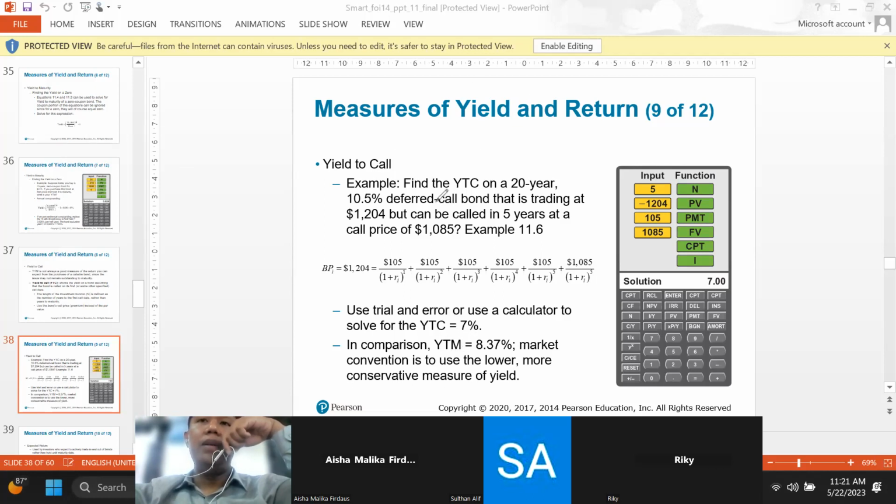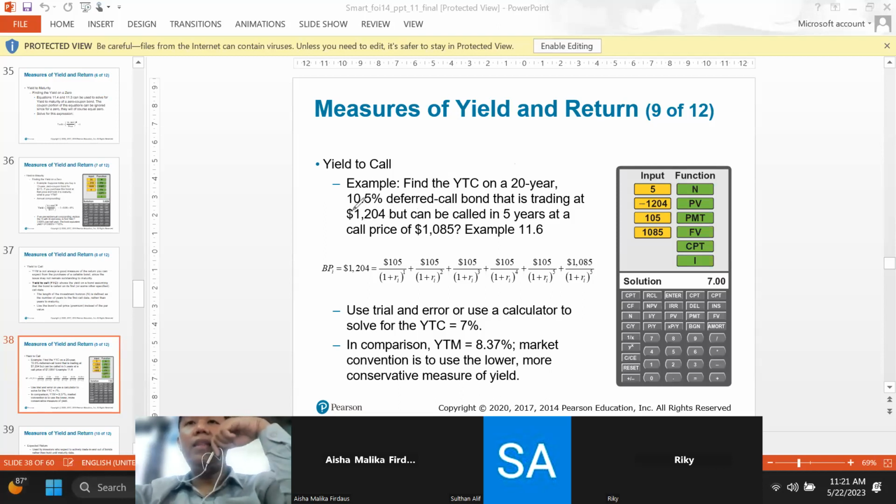For example, find the yield to call on a 20-year bond. This is the maturity of the bond. A 10.5% deferred call bond that is trading for 1,204 US dollars.